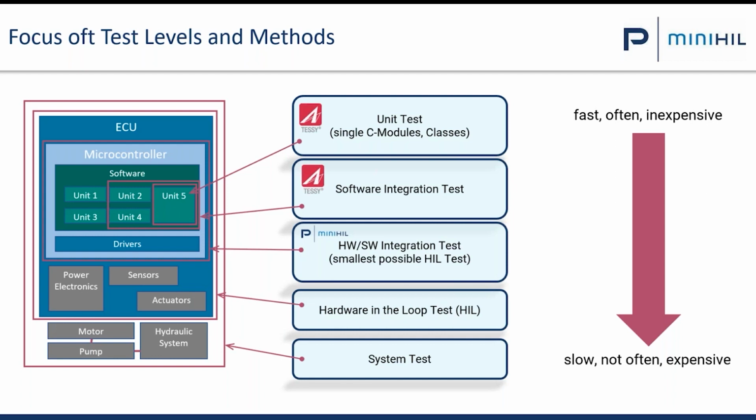So it's not about the importance, it's about the speed, the frequency and the price here. But in the end, if you run a system test, you do not want to find software errors, because it's just too expensive to retest a software error in a system environment. You want to find the software errors or the integration errors much earlier, at the earliest possible point in time.